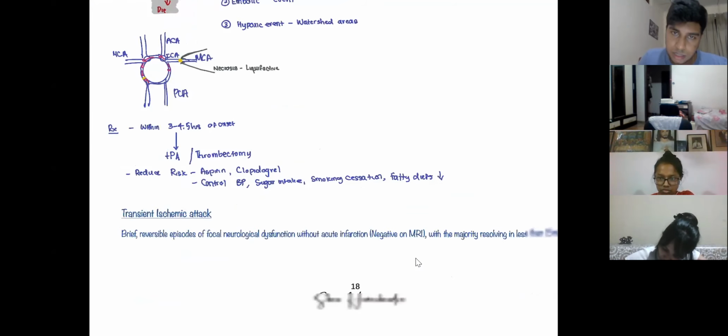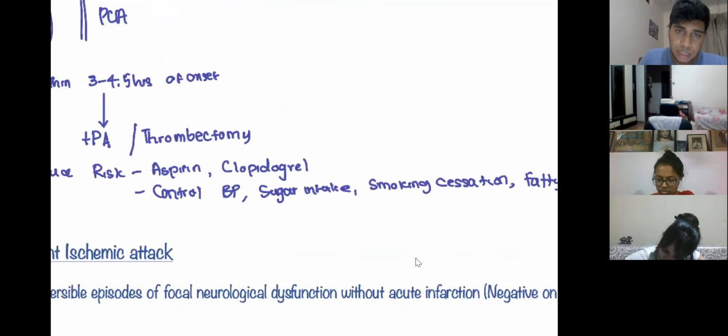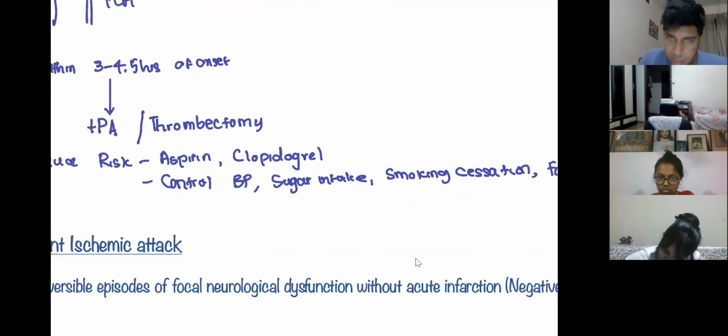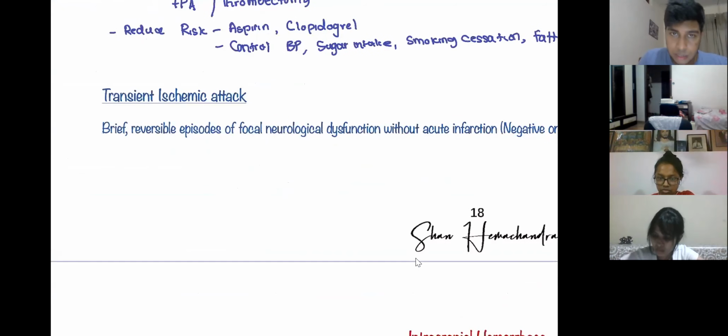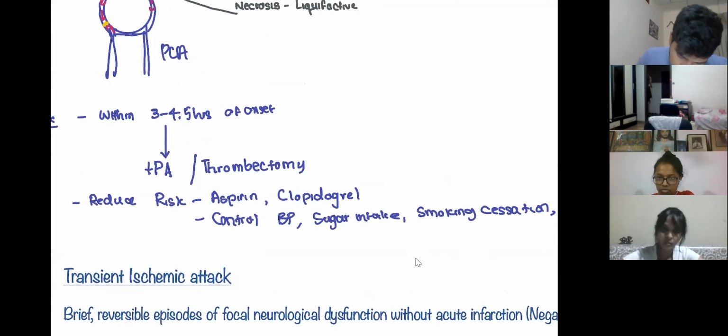Basically the things that are very general. And aspirin and clopidogrel, you will learn that in cardiovascular lessons. 3 to 4.5 hours of onset.